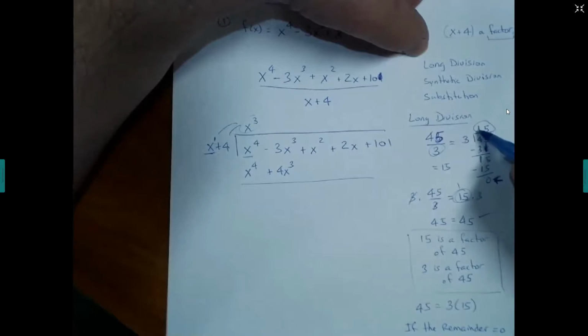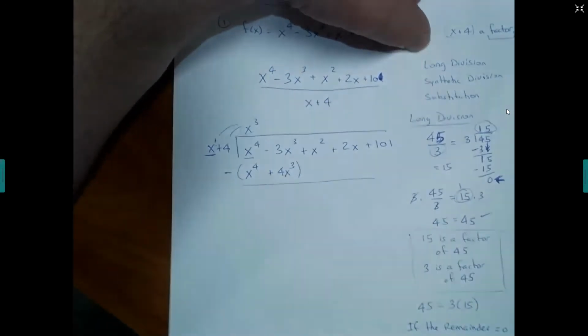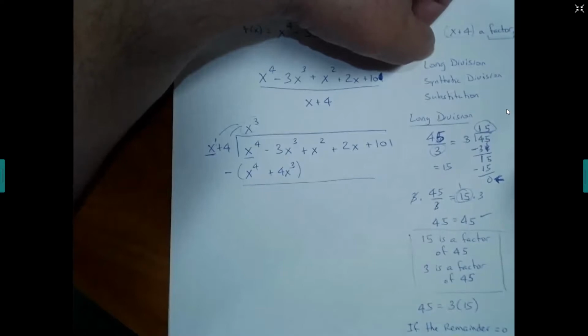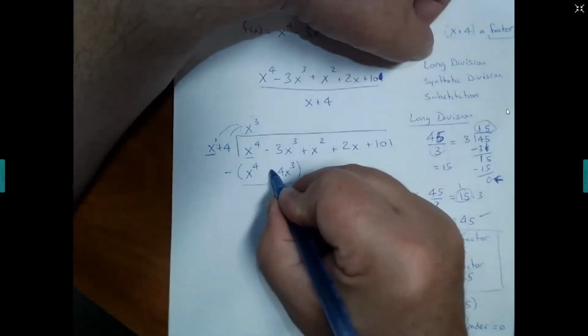Okay, remember what we did here. 1 times 3 is 3, and then I subtracted them. So I have to do the same thing here. I have to take this equation and subtract it from the top, which means I change both of the signs inside there.